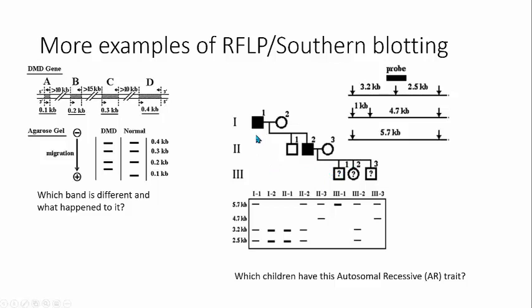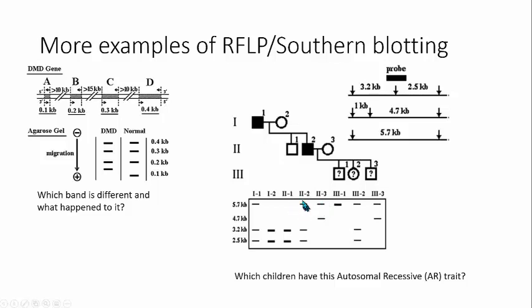That would allow us to go through the genome and figure out who each of the children got their bands from. Notice that in this case, the mother and the father both carry a 5.7 allele. But since the mother is considered healthy, if they get the 5.7 allele from the mother, that's probably a healthy allele.